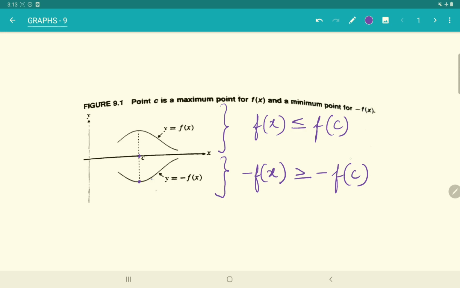So c is maximizing f in D if and only if it is minimizing minus f in D. The domain remains the same.